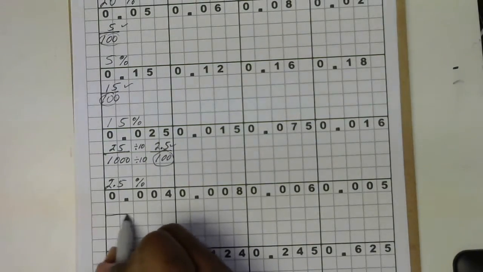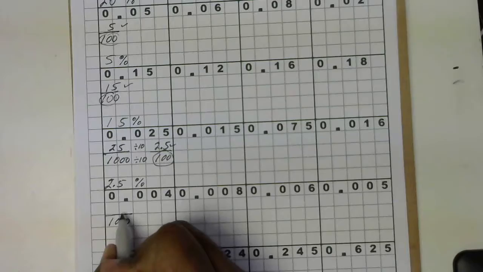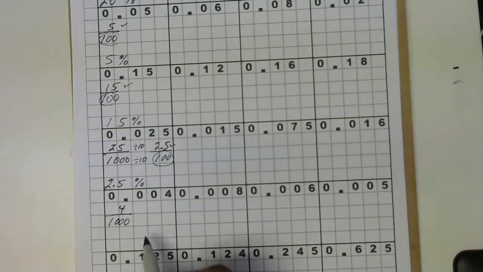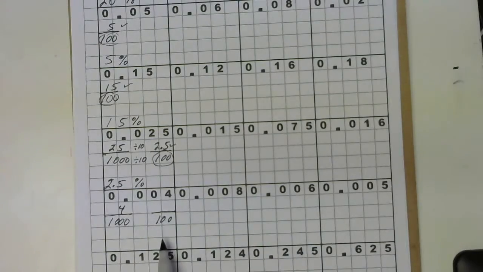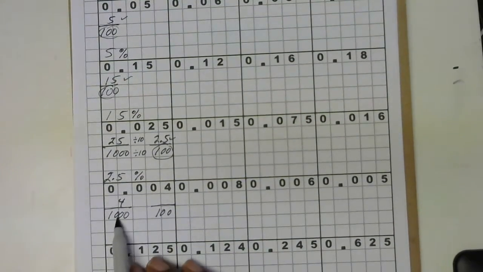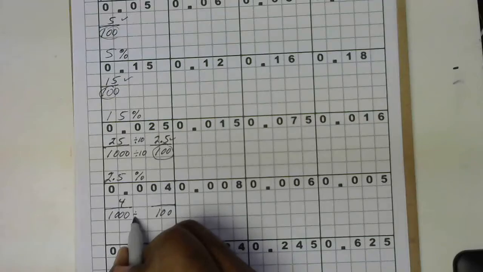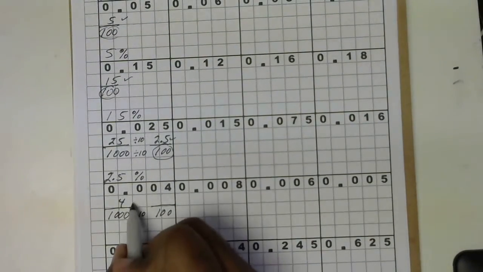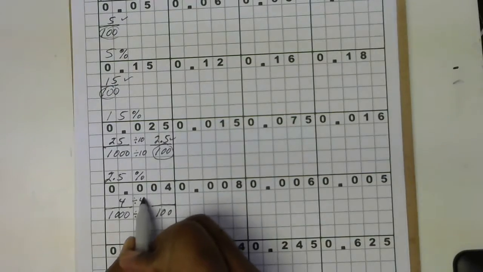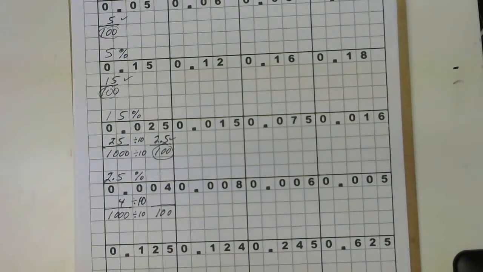Okay, next we have a 4 that's in the thousandths place. So this will be a 4 over 1,000. But we want to convert this to a percentage, so we need the denominator to become 100. So to go from 1,000 to 100, that's dividing by 10. So what we do to the bottom, we also do to the top. We need to divide 4 by 10 as well.